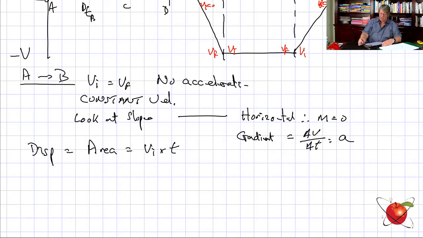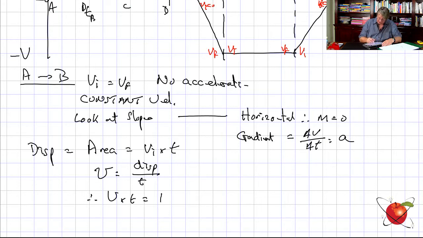Because velocity is equal to displacement over time, therefore velocity times time is equal to displacement. There it is. The area is the displacement.